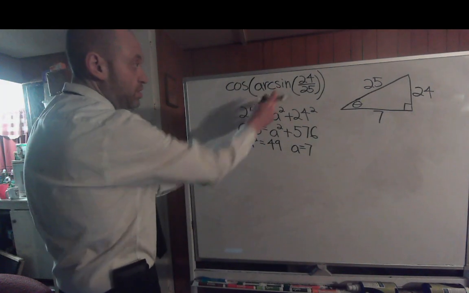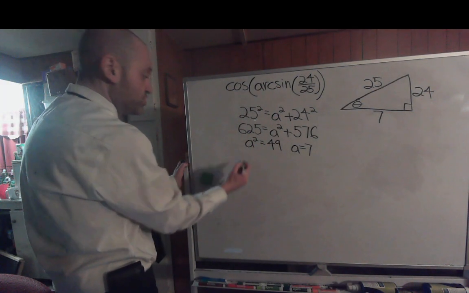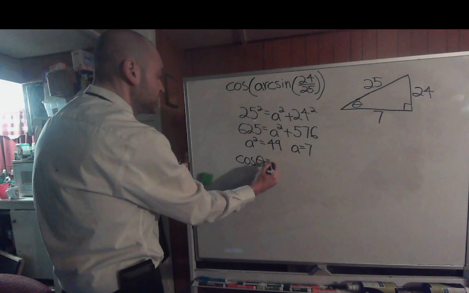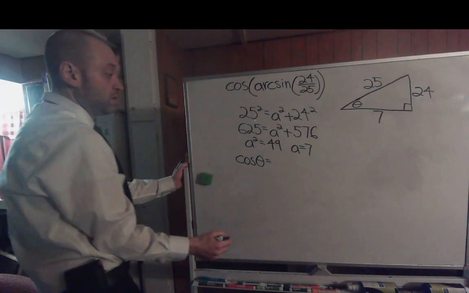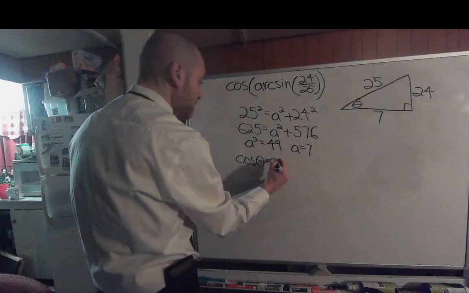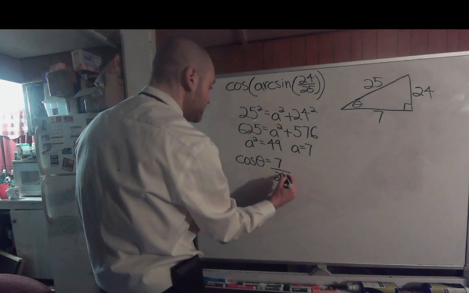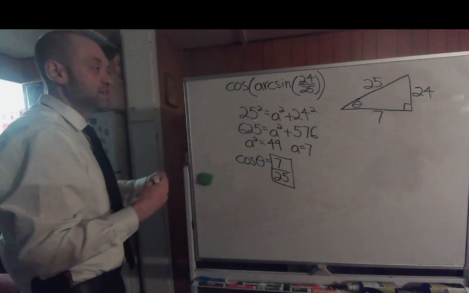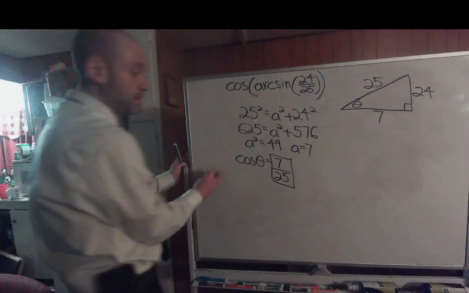Of course, that arc sine of 24/25 would just turn into theta, so we're reduced down to evaluating the cosine of theta, which the cosine would be 7/25. So the answer we should get for this would be positive 7/25.